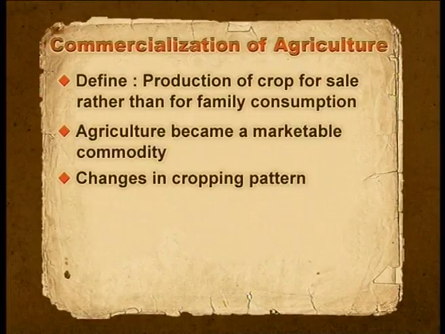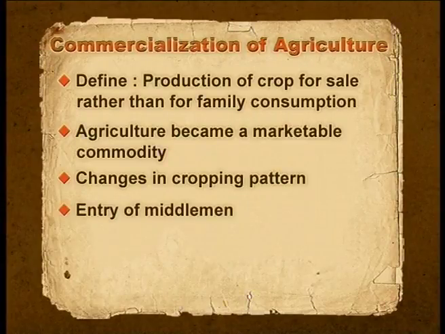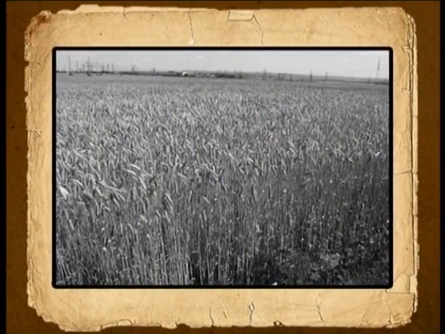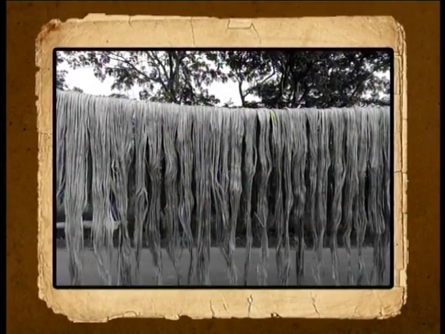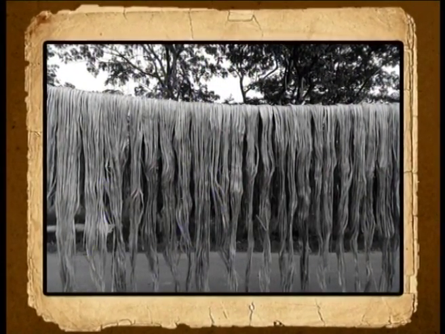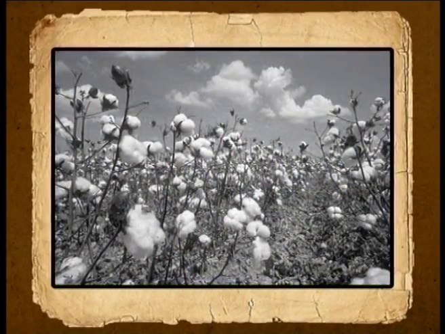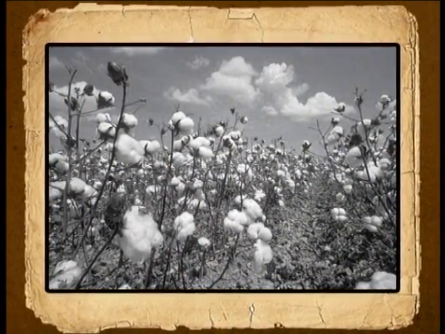The consequence was a change in cropping pattern, and because of this there was the entry of middlemen to do business. The middlemen enjoyed a lot of profits at the cost of the farmer, because as a middleman between the farmer and the consumer, they would buy at a low price from the farmer and sell at a high price to the consumer. So this again was a hard hit to the farmers.